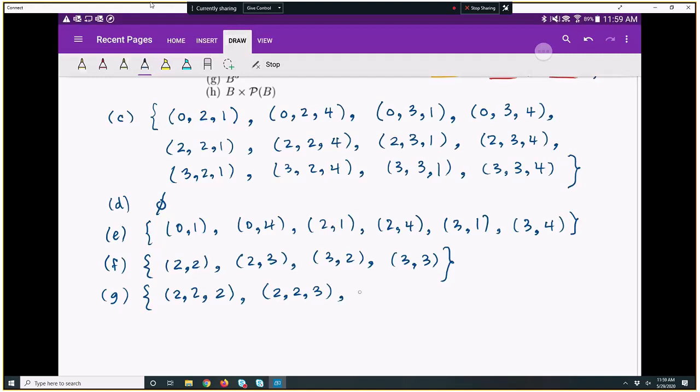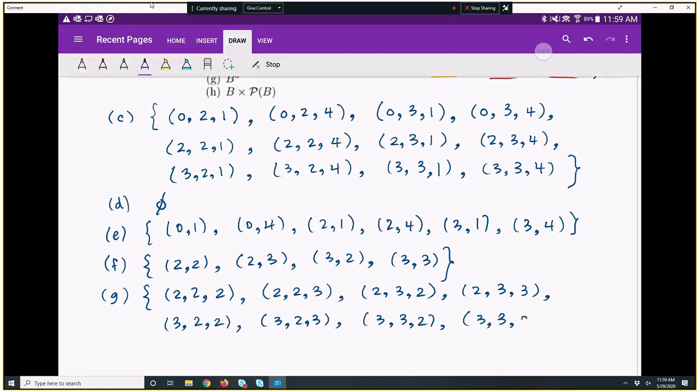Then I'll take 2, 3, and 2, changing now the middle one, 2, 3, and 3. And then I'll change my first one to 3, and I can have 3, 2, 2, 3, 2, 3, 3, 3, 2, 3, 3, 3. And I have 8 different ordered triples, so I know that I must have gotten them all.